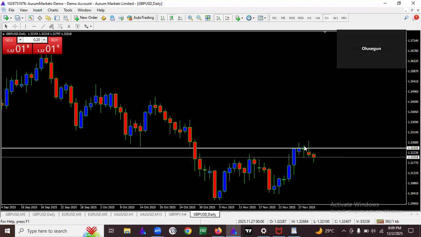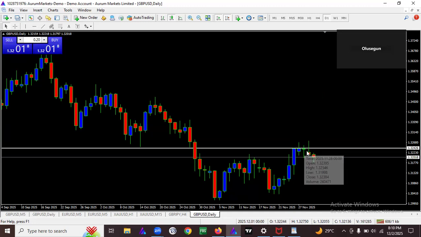The resistance formed after this candlestick closed bearish. Now, this candlestick closed at this point. This is the closing price of this candle. Now, this next candle, which was yesterday's candle, Monday's candle, was supposed to open at the close of last Friday's candle.